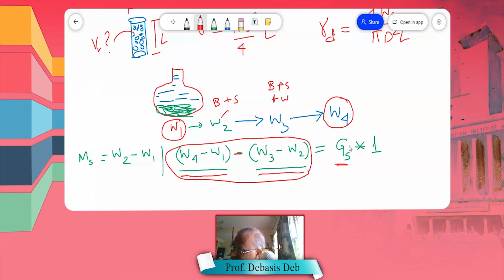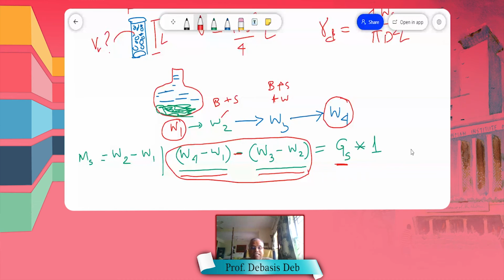Now if I say its specific gravity is Gs, and then I multiply by 1 gram per cc, then I will get what?